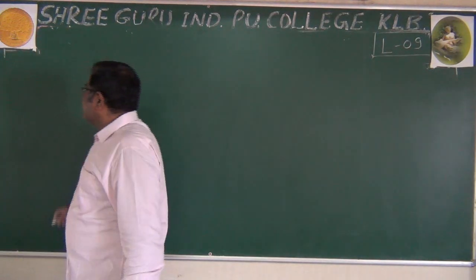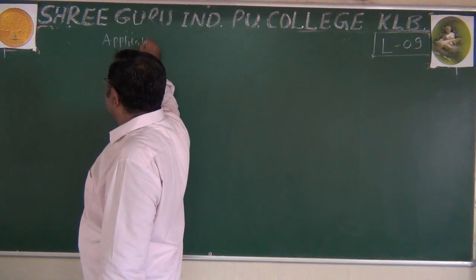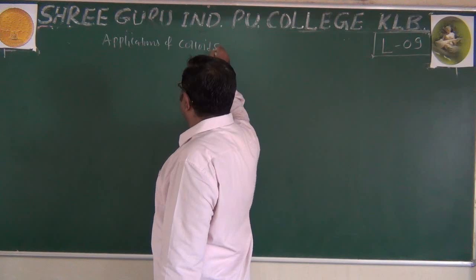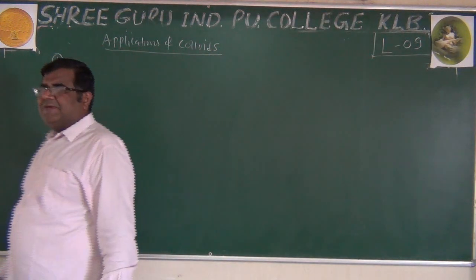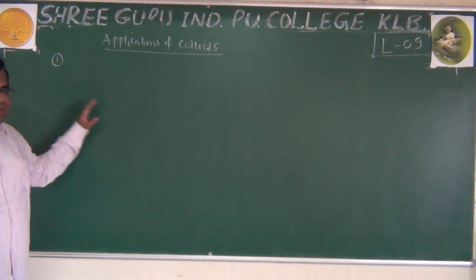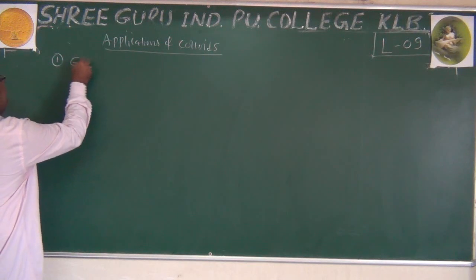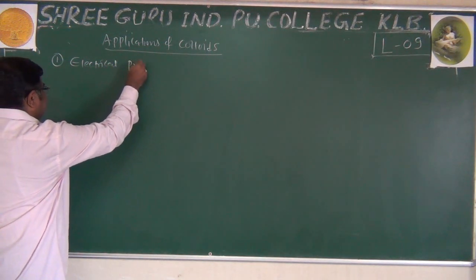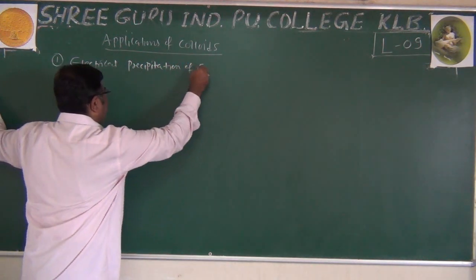Then the last part is the applications of colloids. There are some 6-7 applications. First I will write those applications and then I will explain one by one. One is the electrical precipitation of smoke.